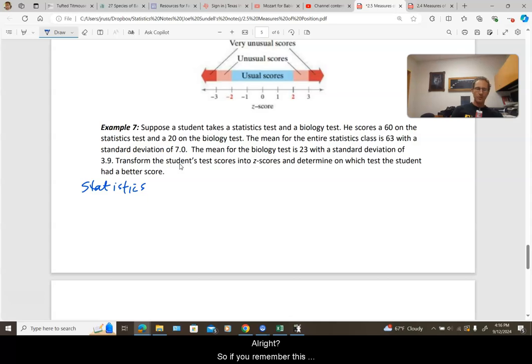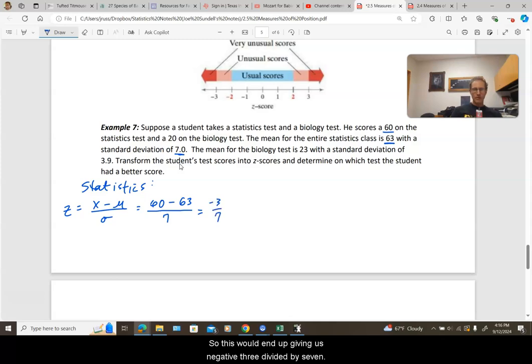If you remember this formula, the z-score will be equal to the actual data value minus the mean divided by the standard deviation. For the statistics test, he scores a 60. That's going to be 60 minus the mean on the statistics test, which was 63, divided by the standard deviation, which is 7. So this ends up giving us negative 3 divided by 7.